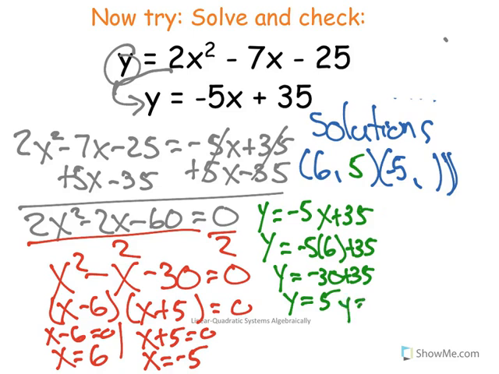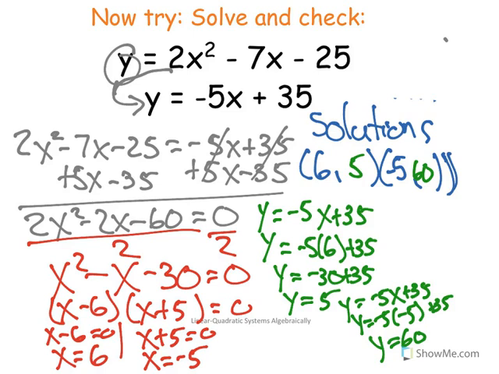Then I'm going to sub in negative 5 here as well with negative 5x plus 35, and I should get y is 60. So my solutions should be 6 comma 5 and negative 5 comma 60.